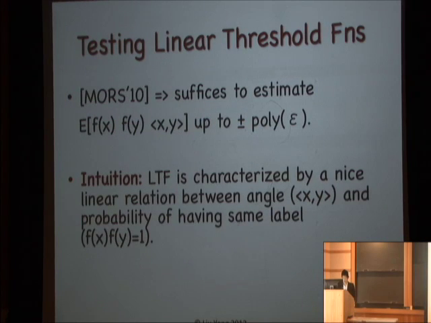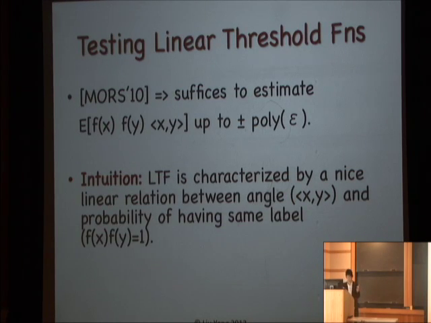Okay. So I will start by sketching the idea behind the upper bound. There is a recent work by Mantulov, O'Donnell, Rubenfeld, and Servadio. They show that all we need in order to test LTFs is to estimate this expectation of f(x) times f(y) times the dot product between x and y, up to some constant precision.